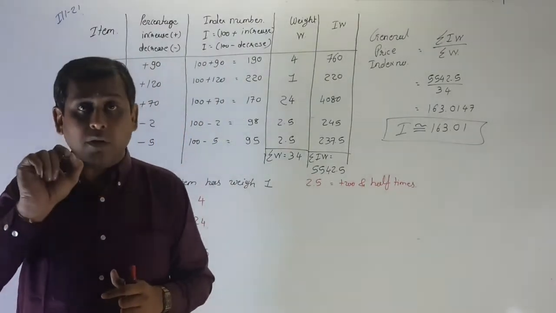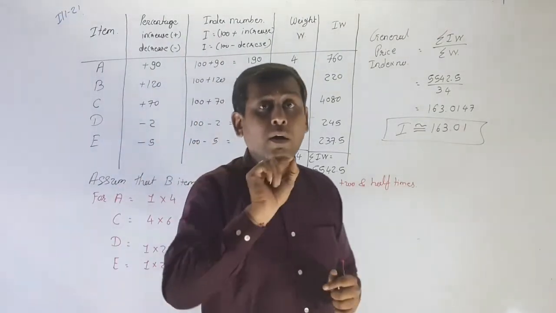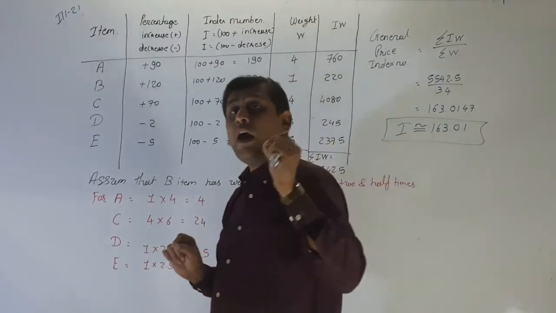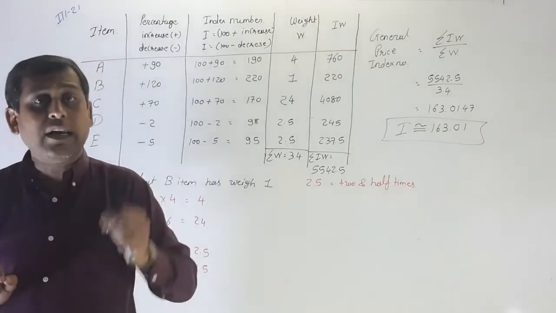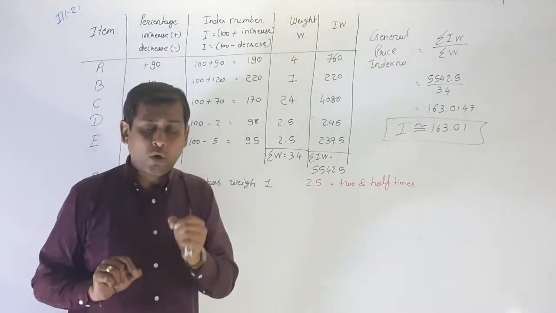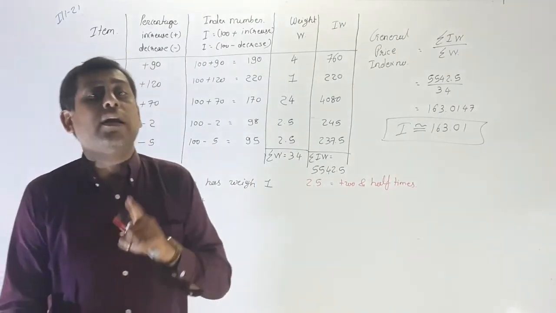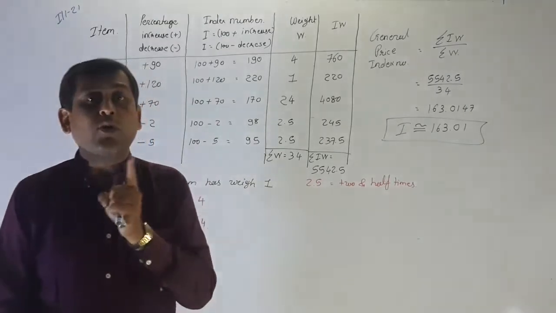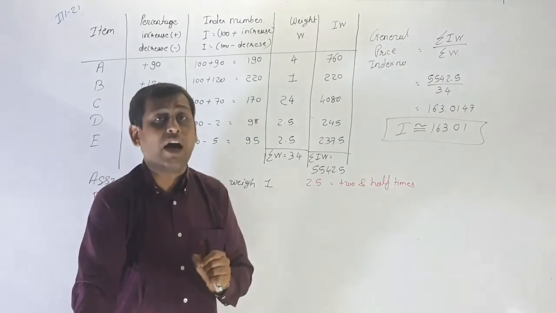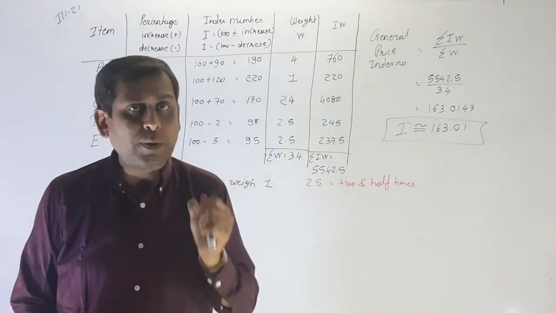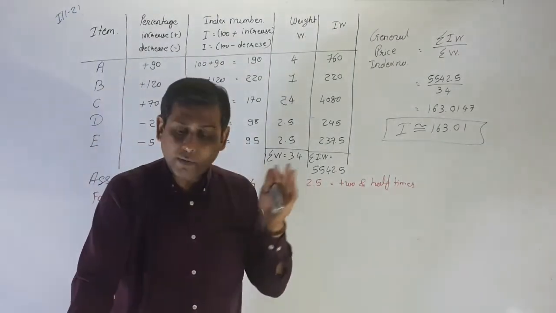See the word times, 3 times, 2.5 times, 4.5 times; underline that particular word. We multiply with 100 to find the current year index number for those items. So 3 into 100 is 300, 2.5 into 100 is 250, 4.5 into 100 is 450, and 3.25 into 100 is 325, the index numbers of the respective items, with base year 2012.